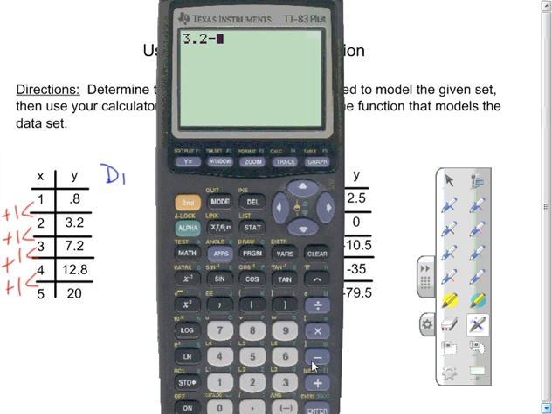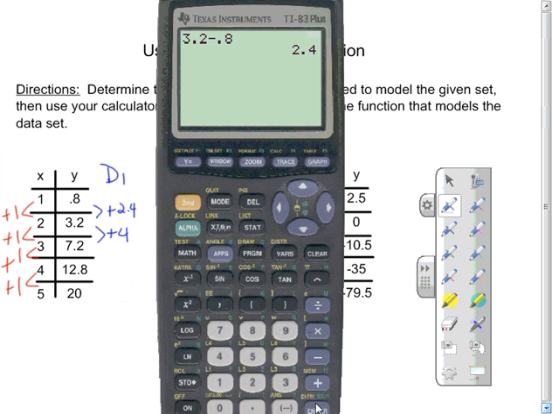So 3.2 minus 0.8 gives me a difference of positive 2.4, and 7.2 minus 3.2 gives me a difference of 4. I could keep going, and I will in a moment, but I wanted to stop and show you that it's obvious here that this pattern is not of constant values. So I already know it's not going to be linear.